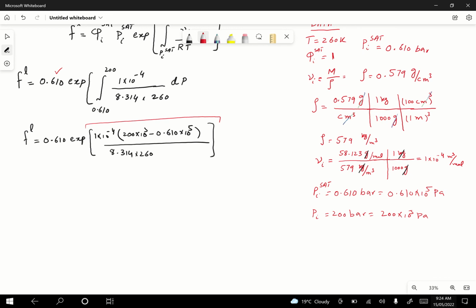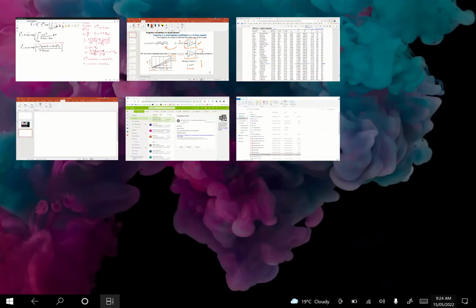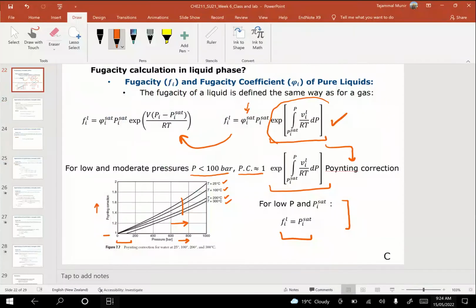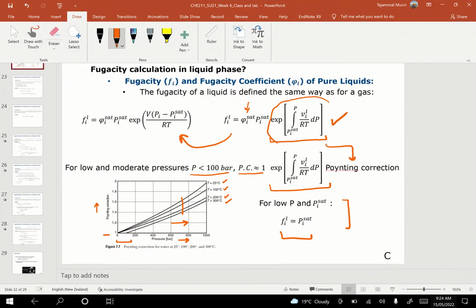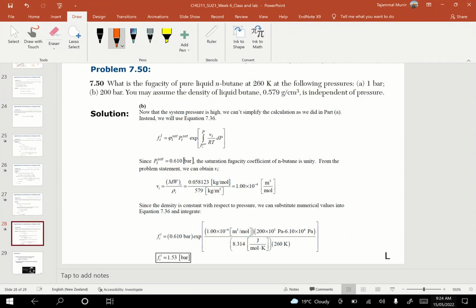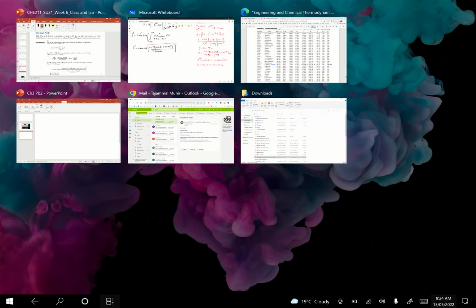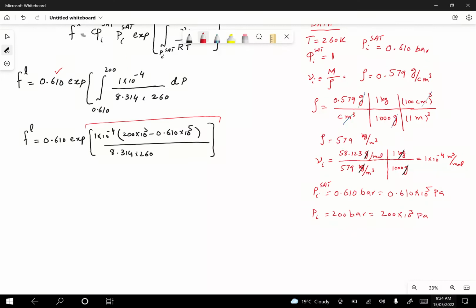But once you solve this calculation, you will be able to finalize the answer, and the fugacity of liquid you will calculate as approximately 1.53 bar.